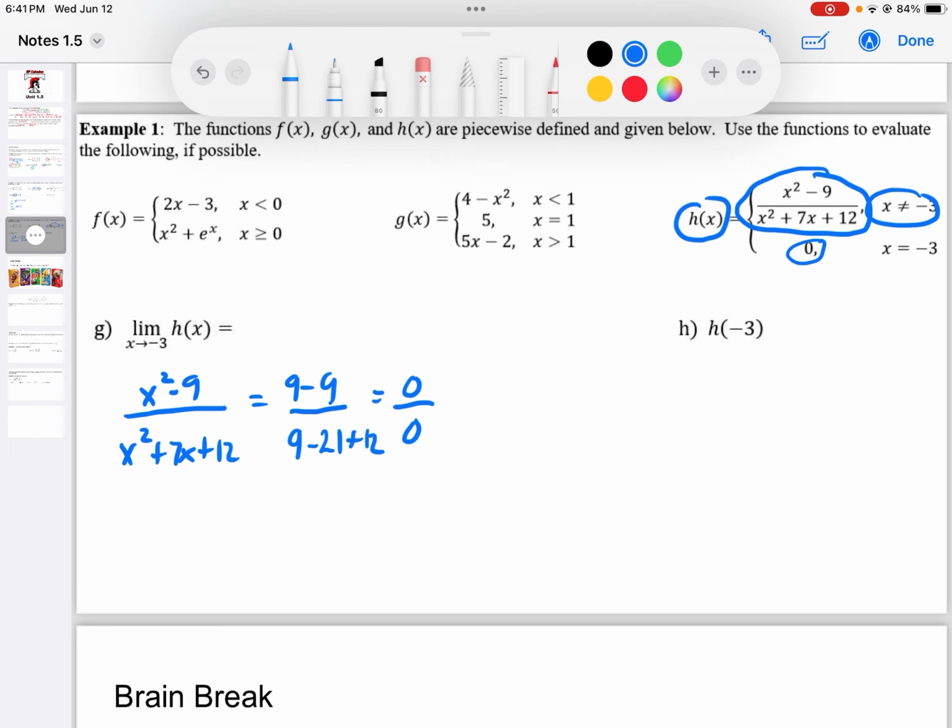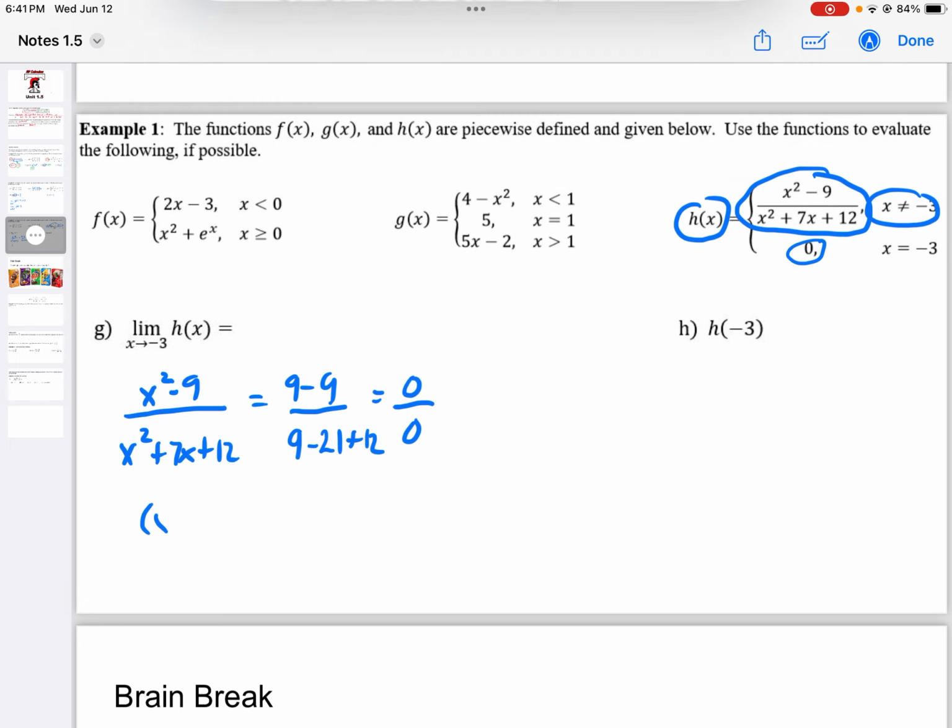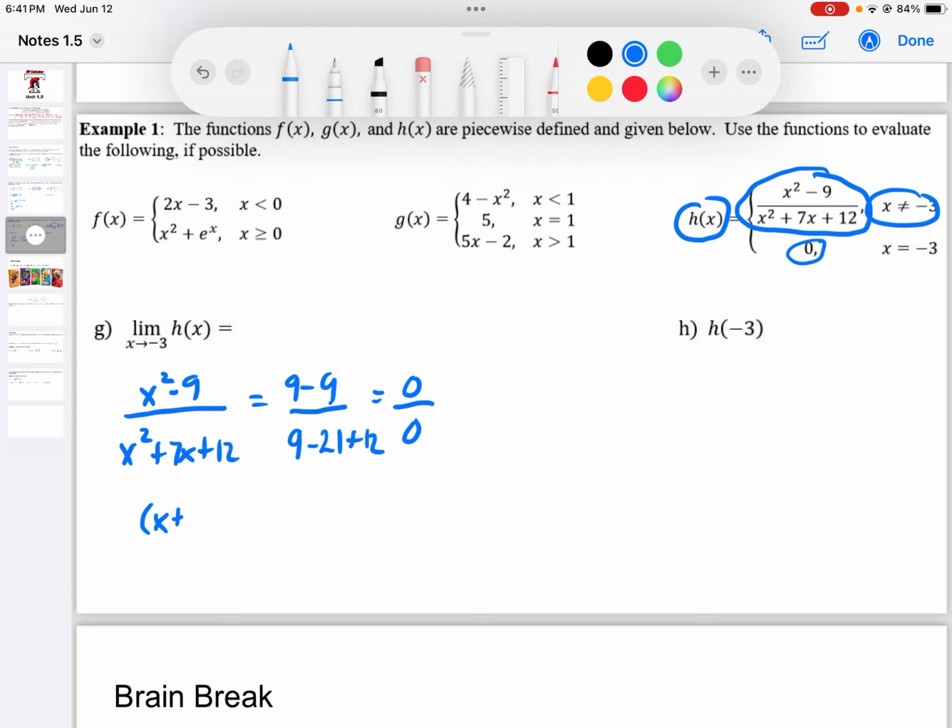So let's see what would happen if I factored the top. Factoring the difference of squares would be x plus 3, x minus 3. Factoring the bottom would be x plus 4, x plus 3. So if you notice, the x plus 3 factors cancel. So that's what the problem was.